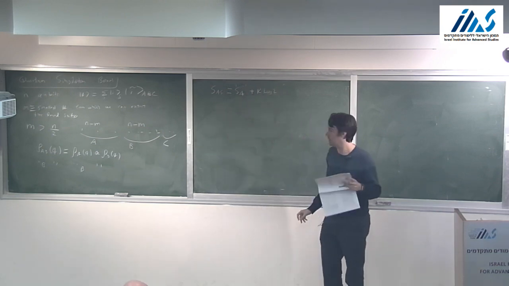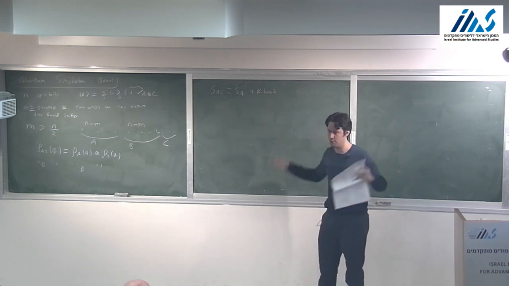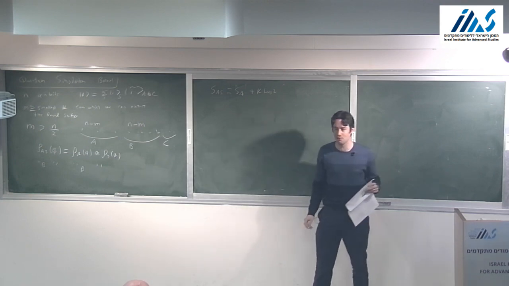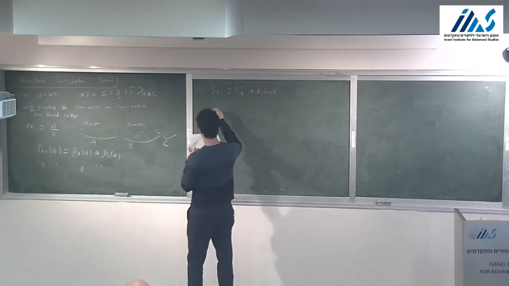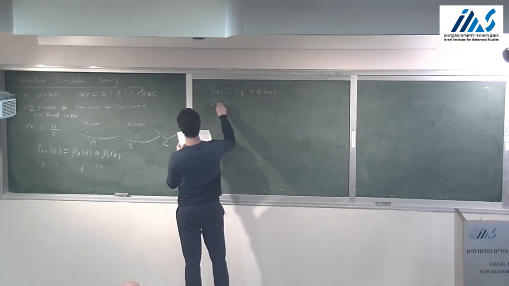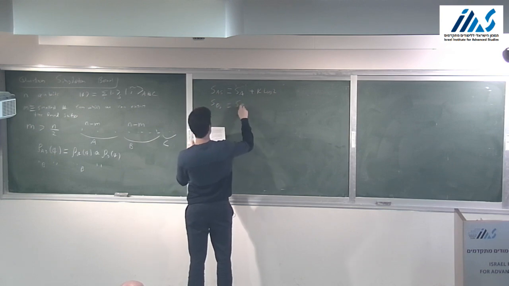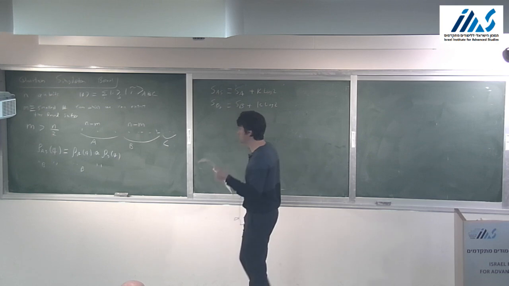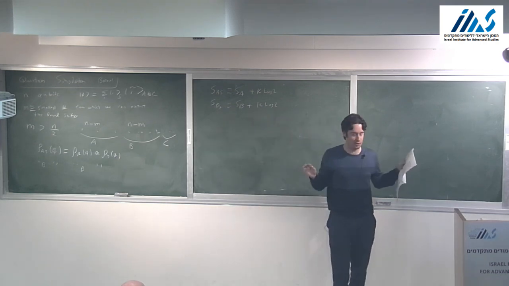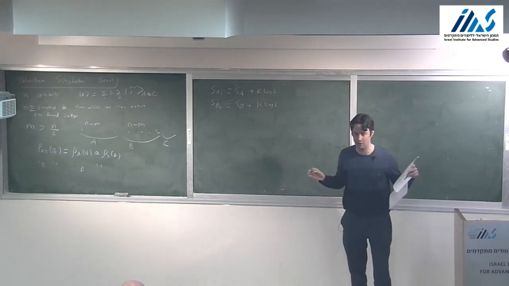Here the log 2 is just because I defined the von Neumann entropy with log e; maybe I should have done it with log 2. And similarly, SBS is equal to SB plus K log 2. That's just the property that von Neumann entropy is additive on a product state.